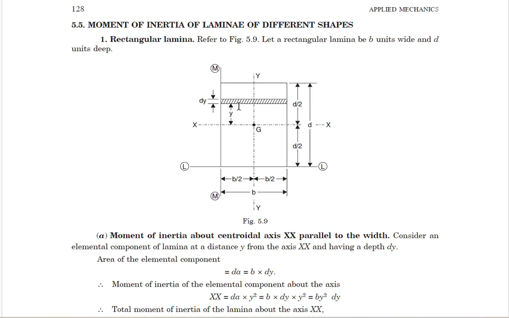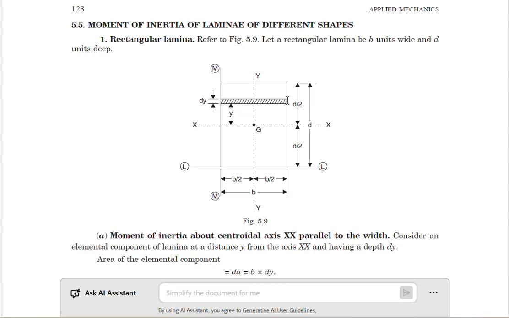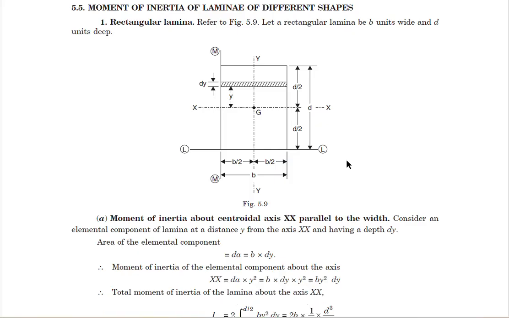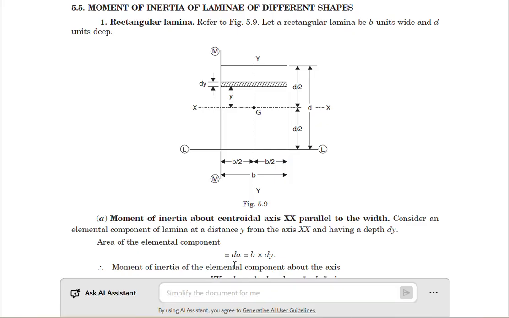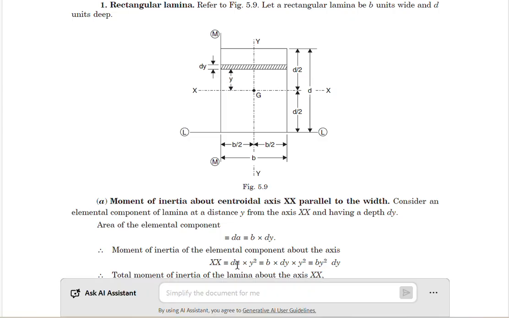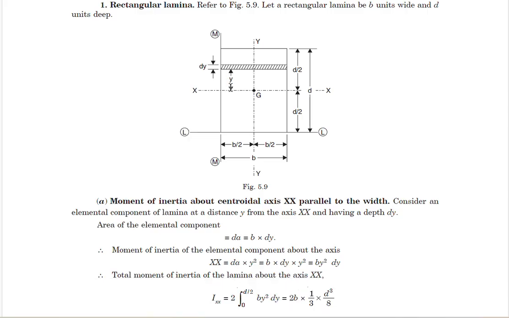So the area is b into dy, because b is the breadth and dy is the thickness of this small element. And the moment of inertia of the elemental component about this middle axis is area into y square, because y is the element's distance from this central axis.